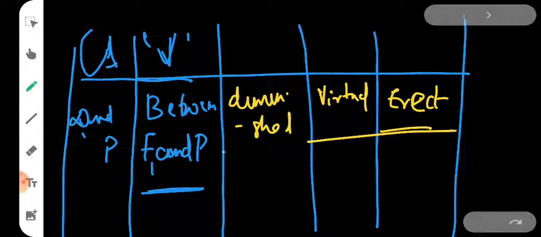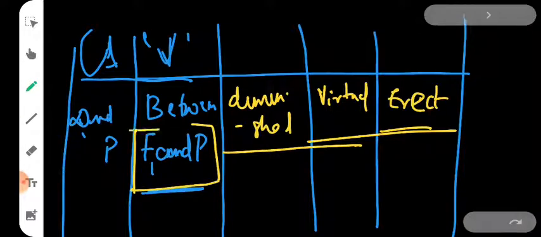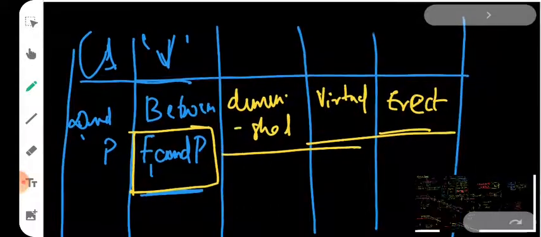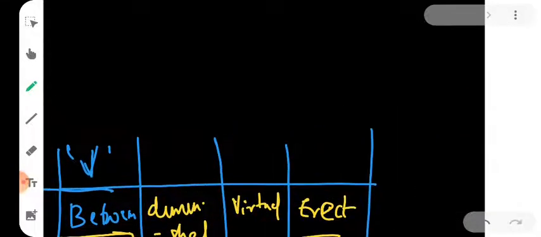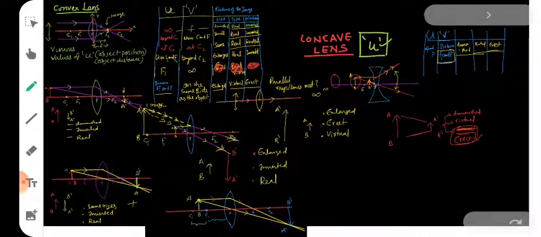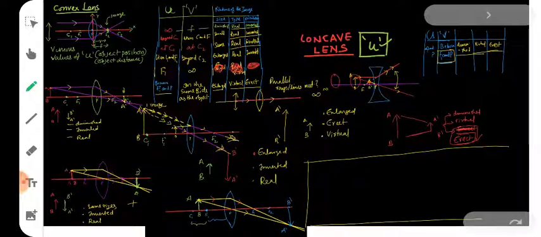So you have virtual, you have erect, and you have a diminished image, which is always formed between F1 and P. So these are the things about your ray diagrams of the two lenses, the concave lens and the convex lens.